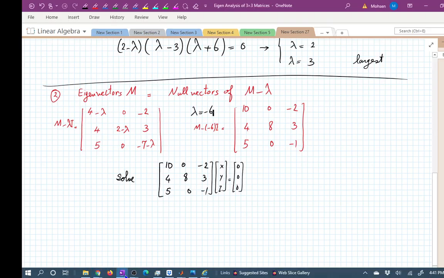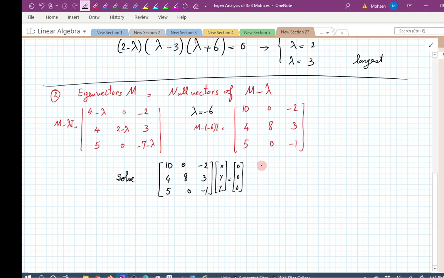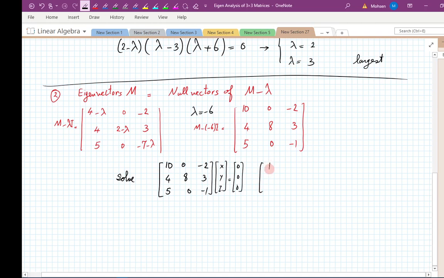So we took this, we did Gaussian elimination on it. It became 1 0 minus 1/5, 0 1 19/40, 0 0 0, times x y z is 0 0 0.